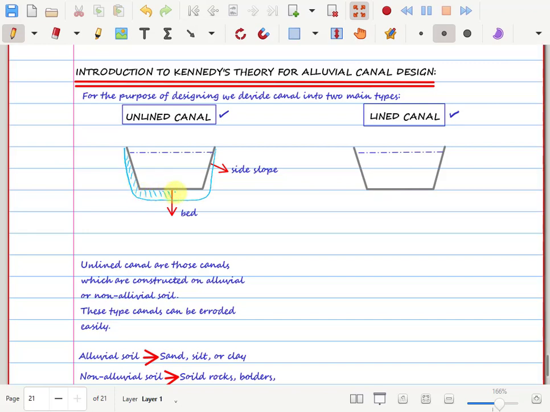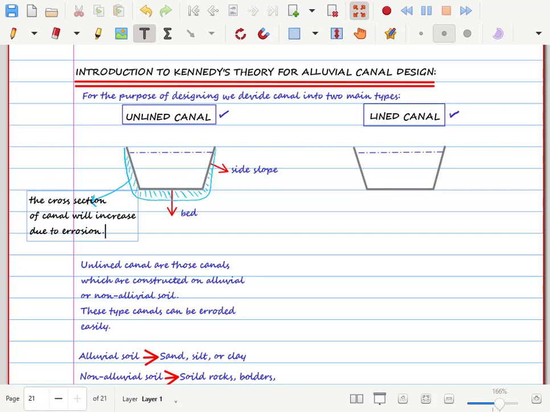The cross section of the canal will increase due to erosion, right?